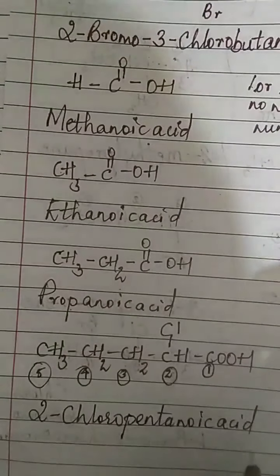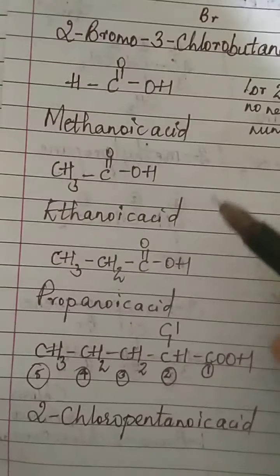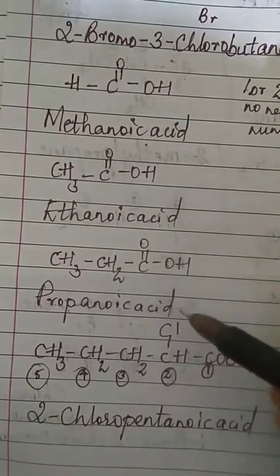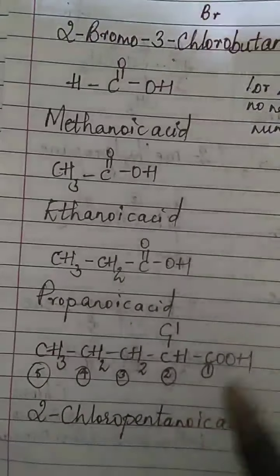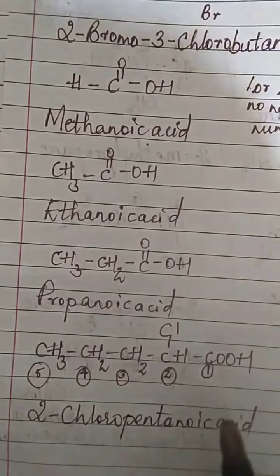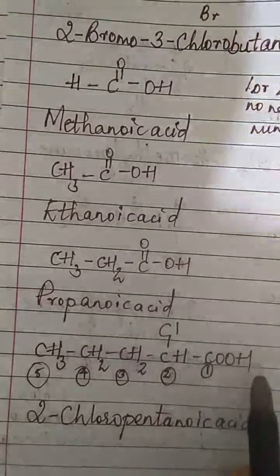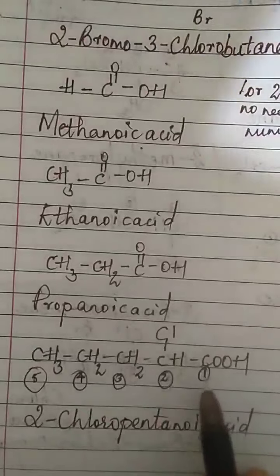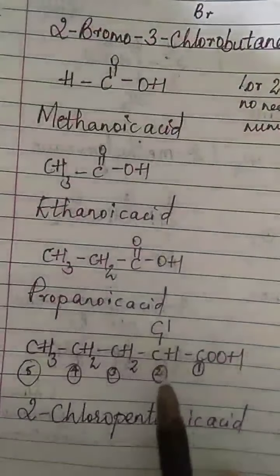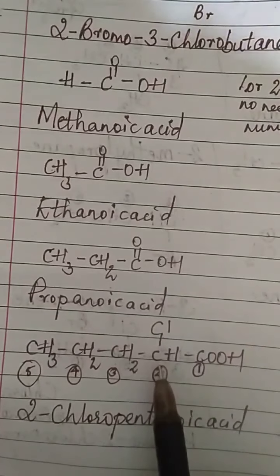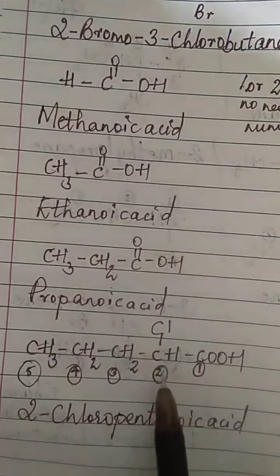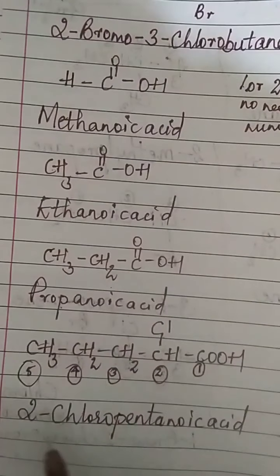Okay, so this is an example which is a little different from the only acid group. That is, you have the functional group and you have a halogen also. Always, if you have the acid group, from there you will start numbering, and the attachment you will give the numbering this way. To the second carbon you have chloro, so 2-chloropentanoic acid.